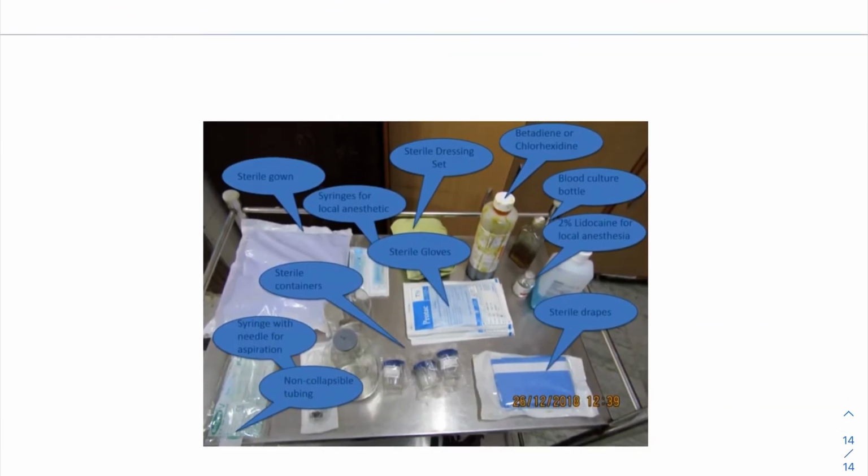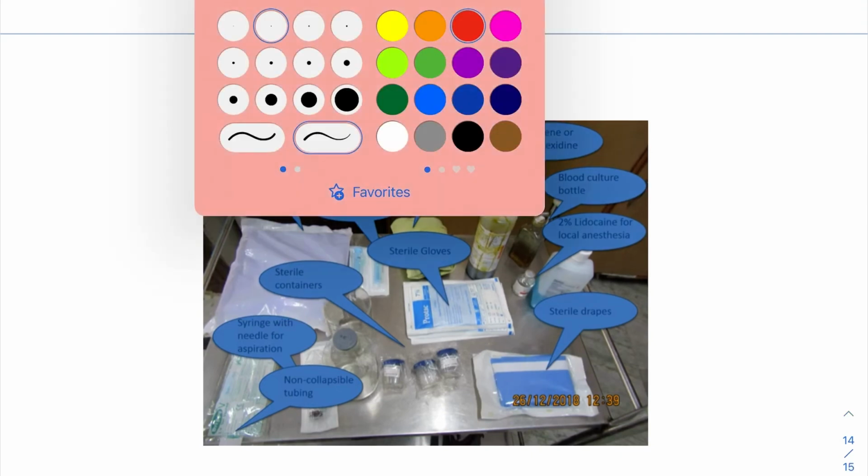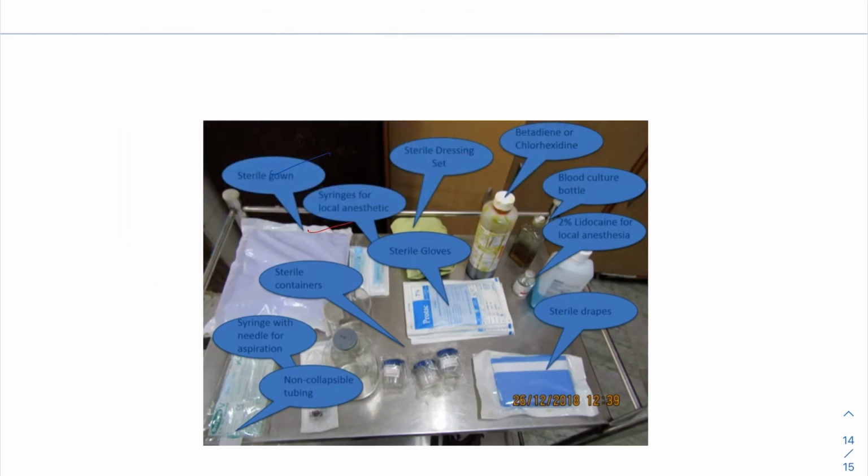Next, coming to the things that we need for the process: the sterile gown, syringe with local anesthesia, that is 2% lidocaine, sterile drapes, gloves, sterile containers, syringe and needle for the aspiration, and non-collapsible tubing, sterile dressing set, betadine or chlorhexidine.